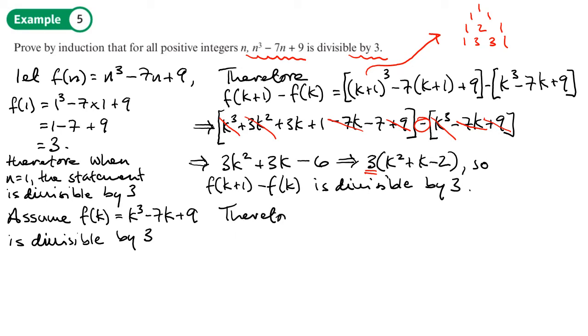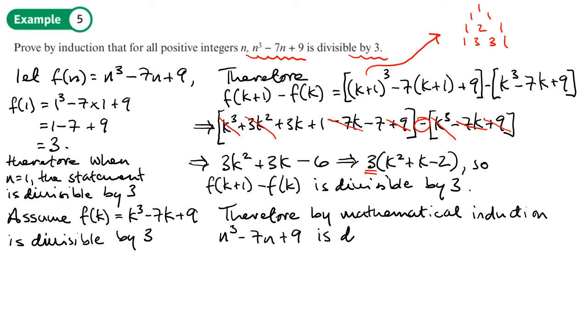Therefore, by mathematical induction, n cubed minus 7n plus 9 is divisible by 3, and then we can add this. I didn't add it on the last one, but we can add that it's true for all positive integers n.